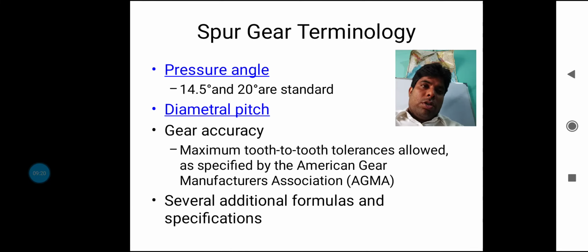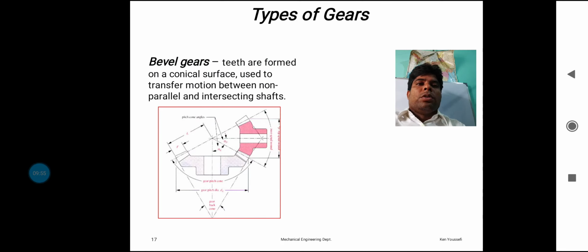Gear ratio is actually the ratio of the total number of teeth in the driven to the total number of teeth in the driver. So that means T2 by T1 is equal to D2 by D1, and that is also equal to N1 by N2, where N1 is the speed in RPM of the driver, and N2 is the RPM speed of the driven member.